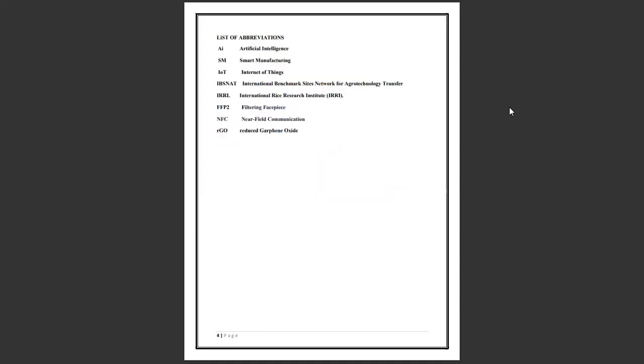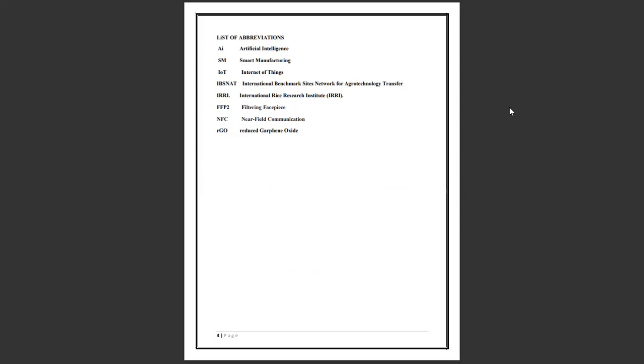Now look at some abbreviations which we discuss in this article. Number one is AI. AI stands for artificial intelligence. SM stands for smart manufacturing. Next is IoT. IoT stands for Internet of Things.